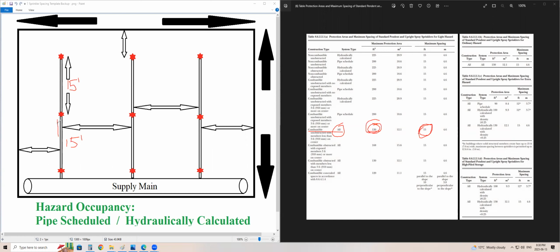I should have drawn one more arrow here, but you know what I'm talking about. If I'm going 15 feet this way, I can't install them 15 feet this way as well, because 15 times 15 is 225 square feet.